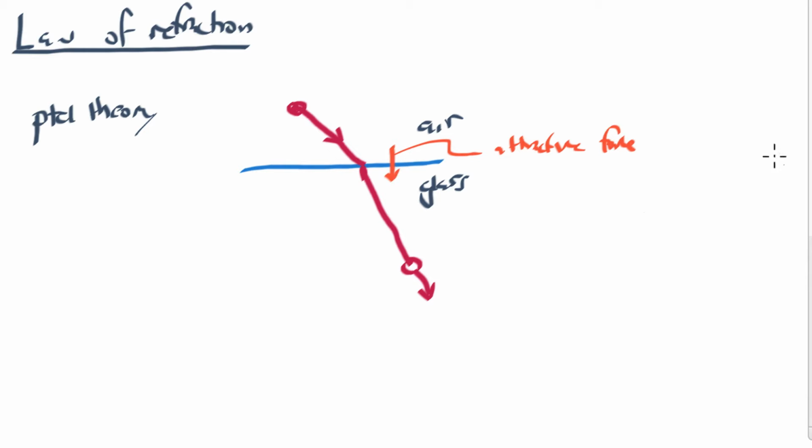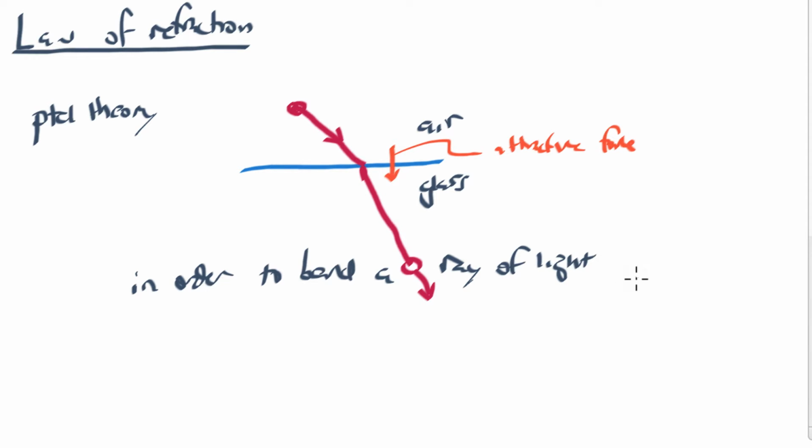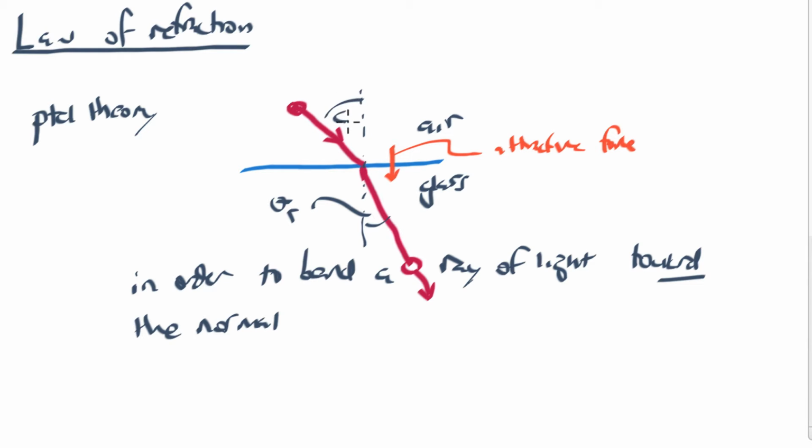Okay, so in order to bend a ray of light toward the normal, remember this line right here would be the normal, so this ray would be bending toward the normal because the angle of refraction is less than the angle of incidence.